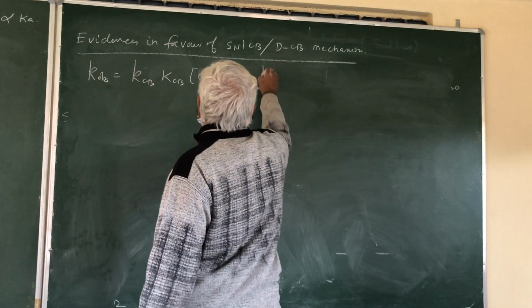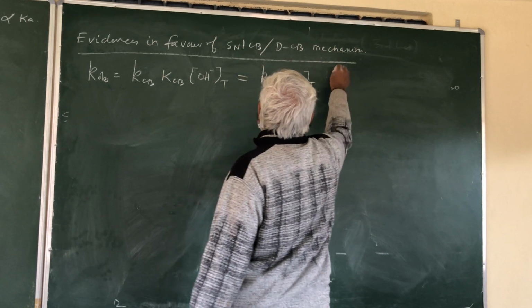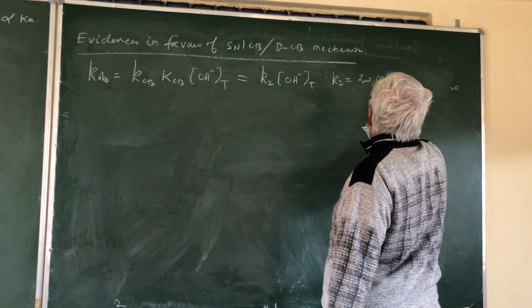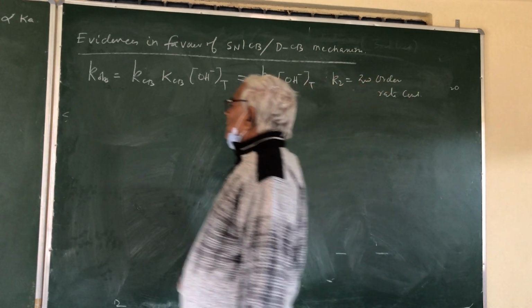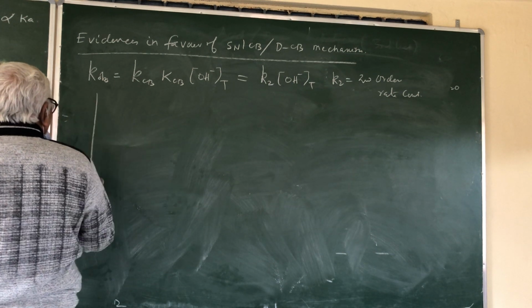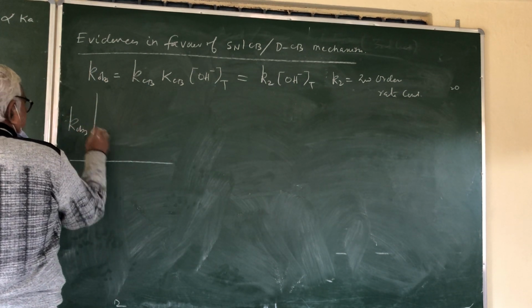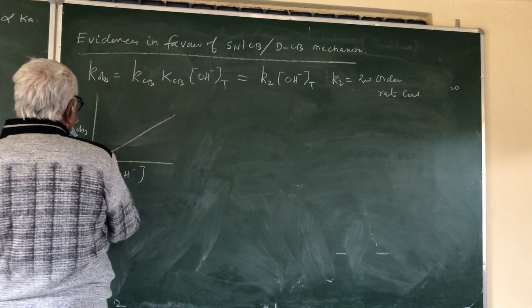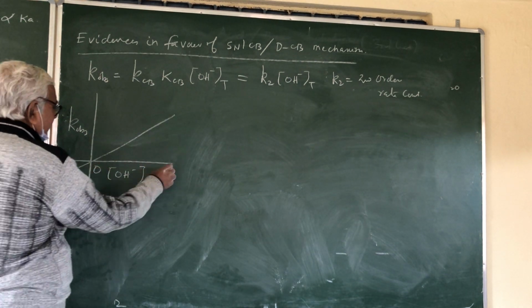This is equal to K2 into hydroxide proton. K2 is the second order rate. So if we plot K observed versus hydroxide, you should get a linear plot if the SN1 mechanism is valid.